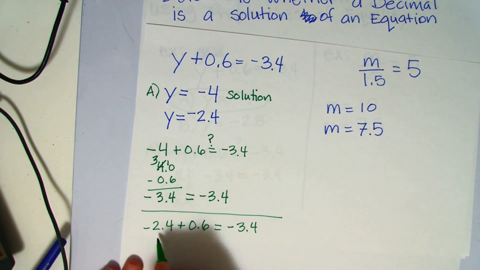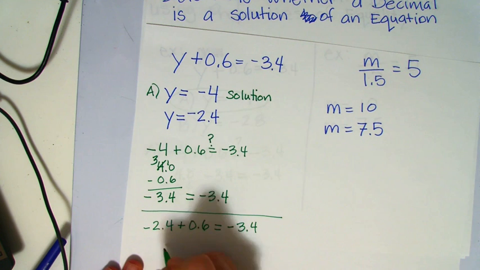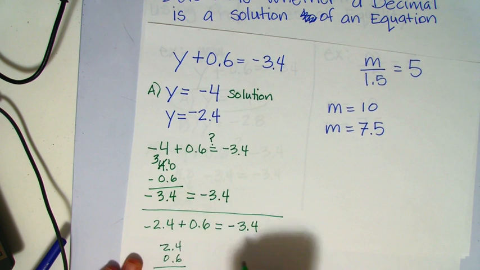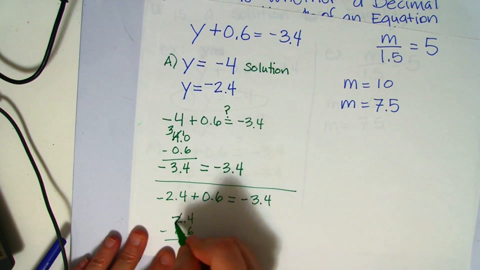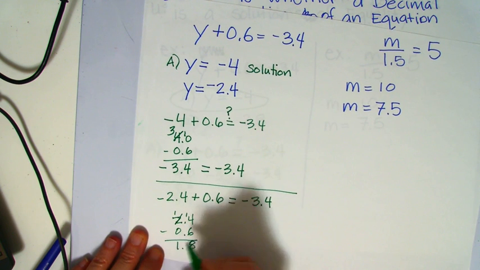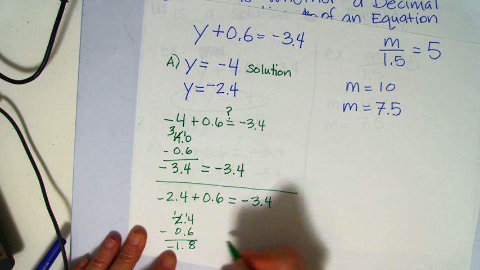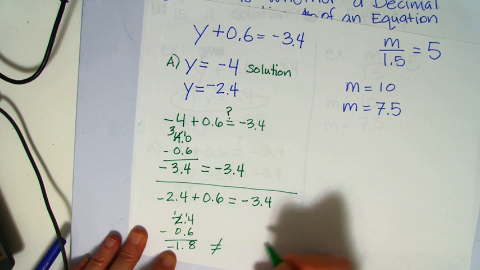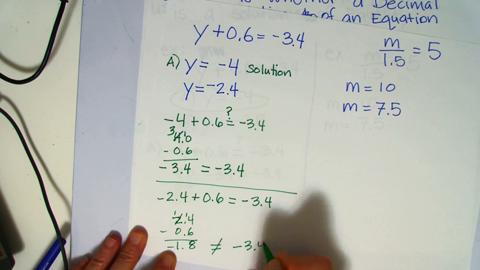And our answer will be negative because 2.4 is larger than 0.6. So a -1.8 is not equal to -3.4.